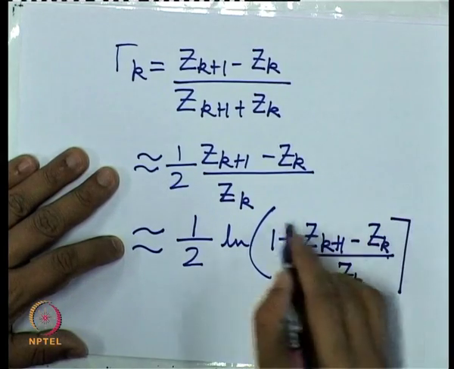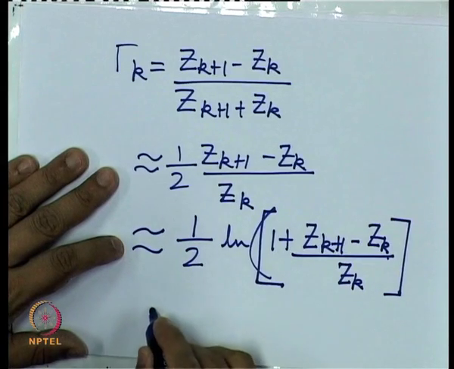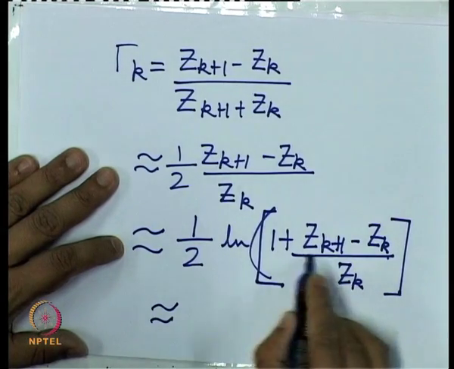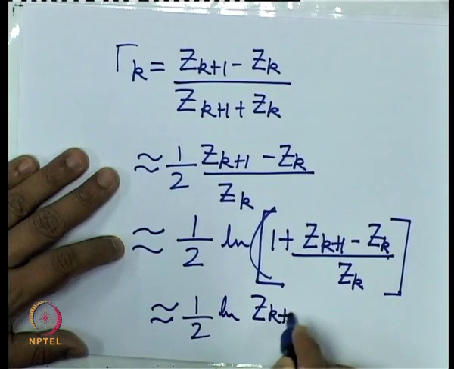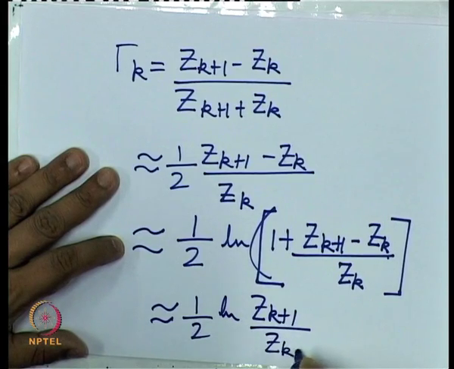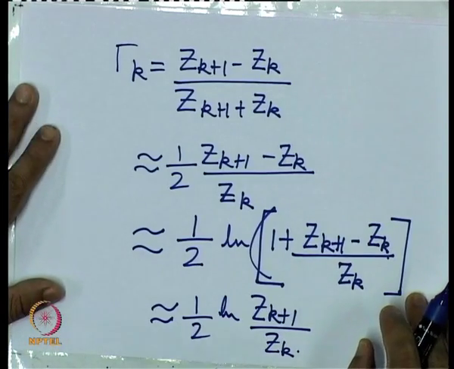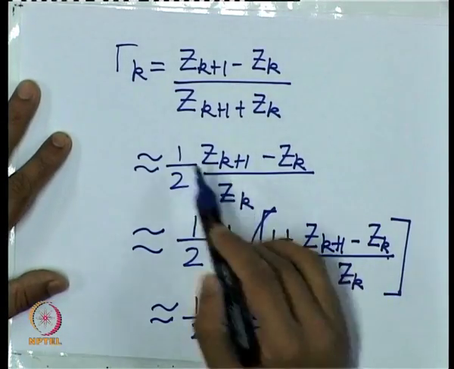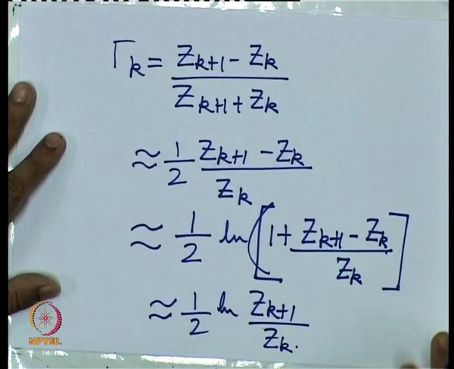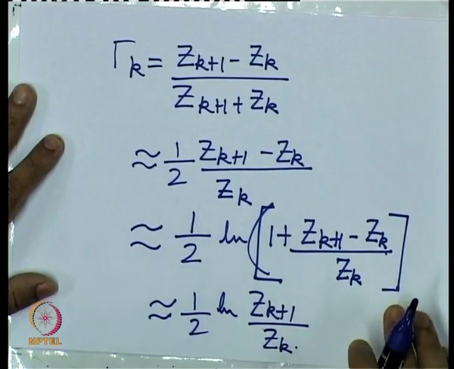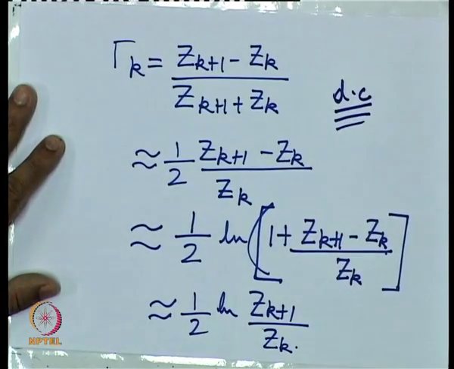Ln here represents the logarithm, and from this, if I just add this up, this comes out to ln Zk plus 1 upon Zk. So it is a mathematical manipulation, but since we see from experiments that when there is a small mismatch, our gamma k indeed can be approximated by this relationship, we shall take it in order to get a self-consistent solution. That is, the solution should be valid at DC.